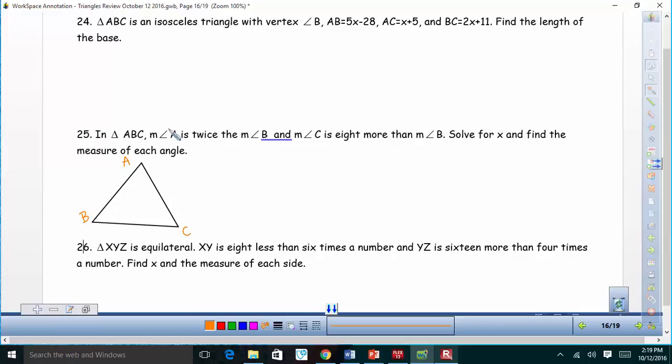Okay, it says measure A is twice the measure of B. I don't know what B is yet, but we'll keep reading. Measure C is 8 more than B. Solve for X and find the measure of each angle.